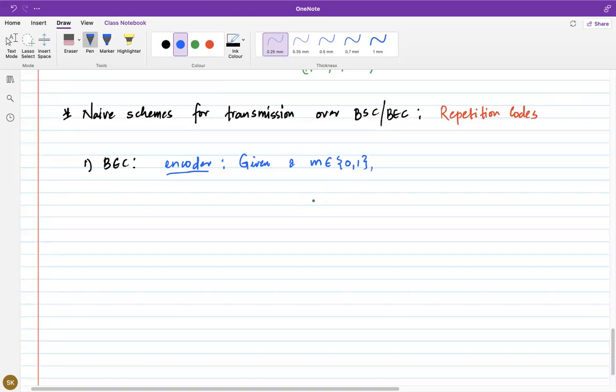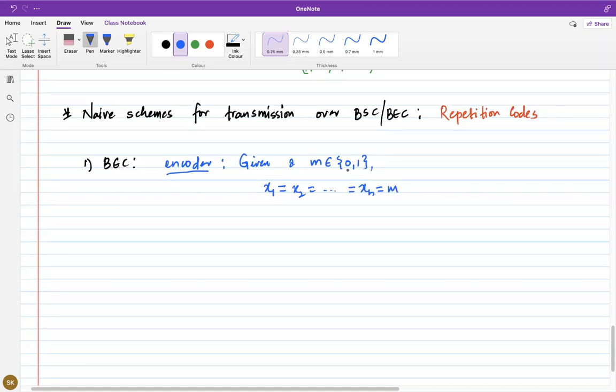Then as an encoder output, you should get X1, X2, and so on in n locations. Okay. So the output that you get out of this encoder is the following. X1 is equal to X2, and this is all the way equal up to Xn, and each of the values is actually M. Okay, so you repeat it. Whatever message you want to send, you repeat it again and again n number of times.